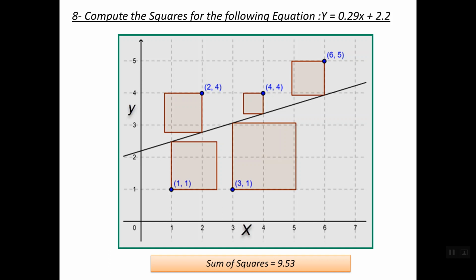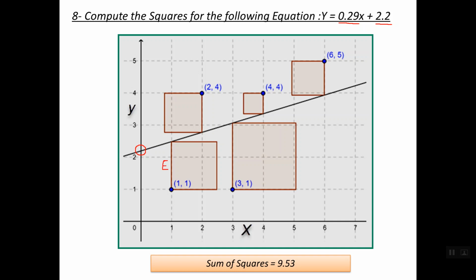Let's have another formula of a straight line. We have this new straight line, y equals 0.29x plus 2.2. So the slope now becomes 0.29, and the y-intercept is 2.2 on the y-axis. As you see here, the value of E1 has changed in comparison with the previous steps.